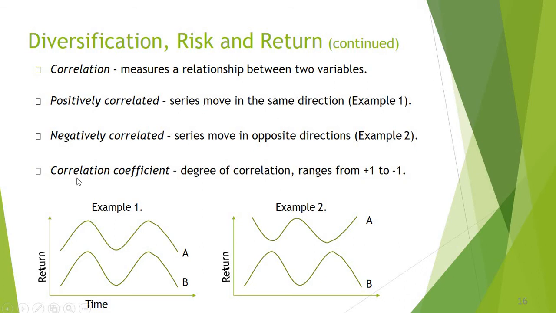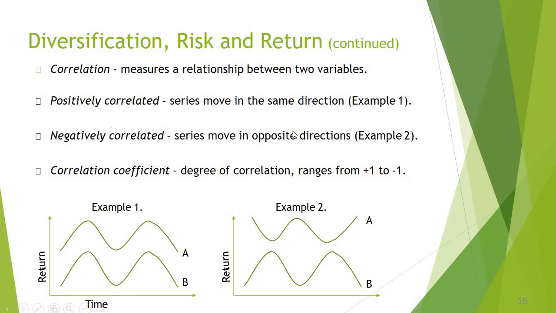Now let's look at example 1. Return of asset A and return of asset B move in the same direction. When return of asset A increases, return of asset B also increases. So by looking at this trend, we can say that these two assets are positively correlated.